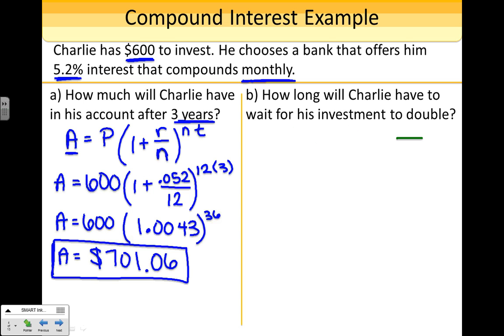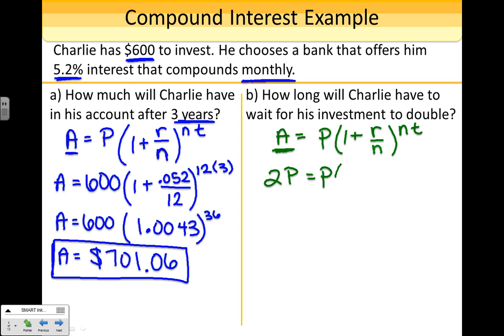First, we need to write down our equation. So we're using the formula. And so the amount that we want to end with is 2 times the principal amount, double the amount that we started with. Rate is still 0.052, still compounding it monthly.